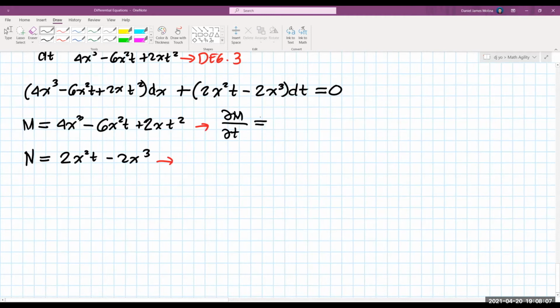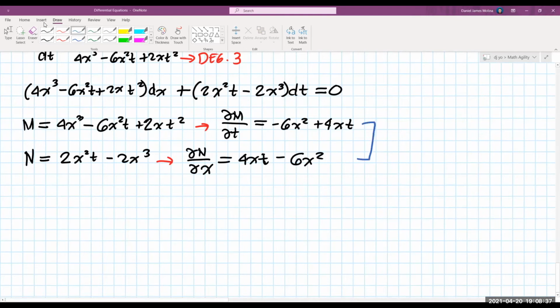The partial derivative of M with respect to t is negative 6x squared plus 4xt. And for the partial derivative of N with respect to x, it will be 4xt minus 6x squared. So as you can see, the two partial derivatives are equal. So our differential equation is exact.